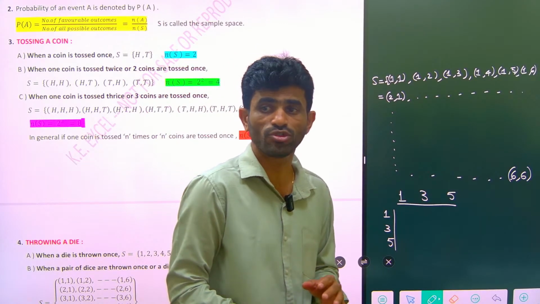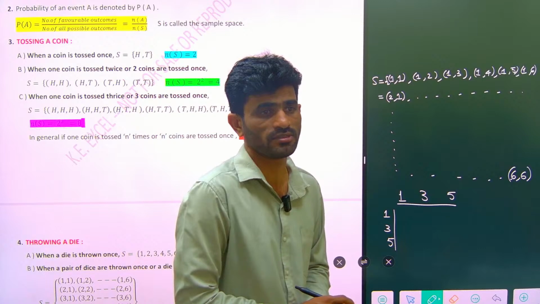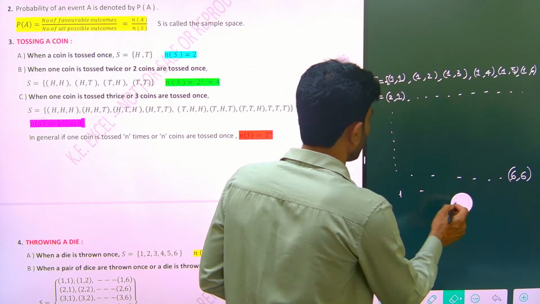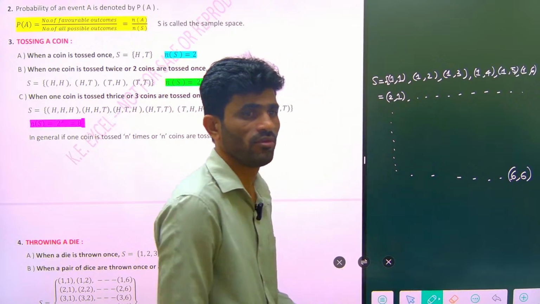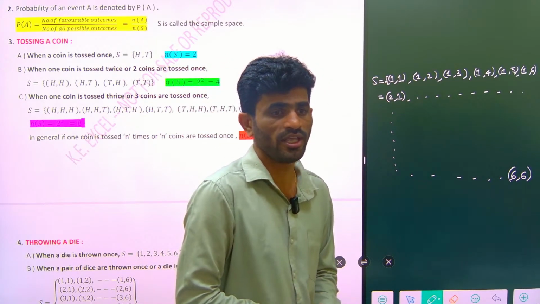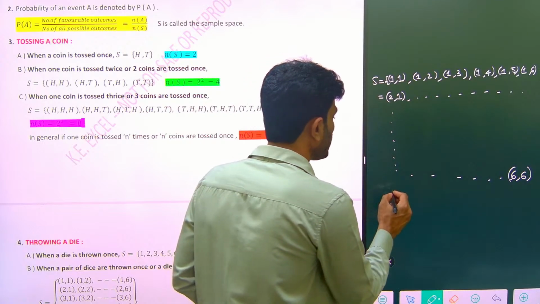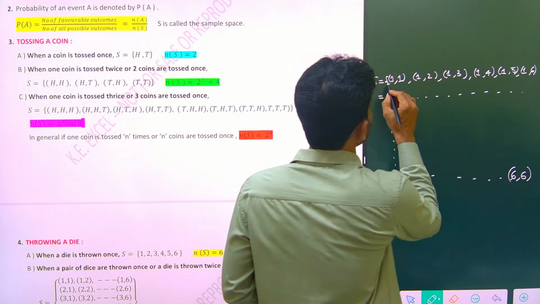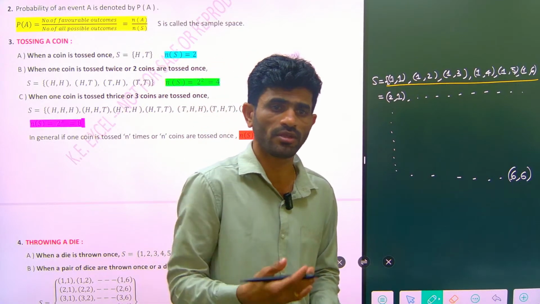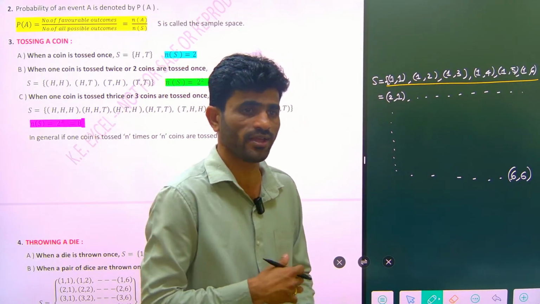If they ask you that both are the same type of numbers, it is like this. But sometimes they ask you that any one of them is an even number or any one of them is an odd number. Find the probability that any one of the two outcomes is an odd number. In all these we have one odd number, right? (1,1), (1,2), (1,3), (1,4)... In that, 1 is already there in every outcome.